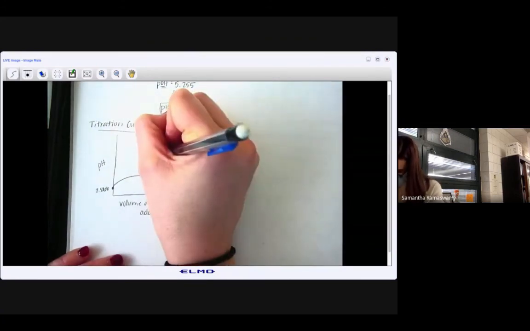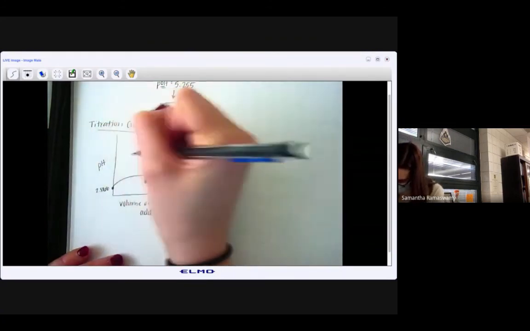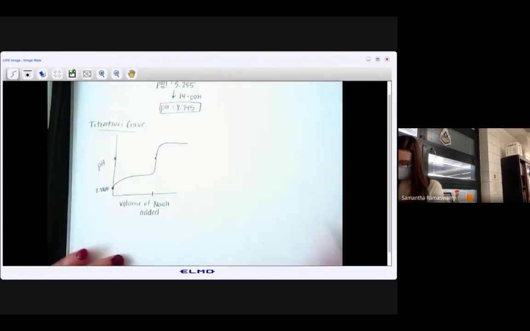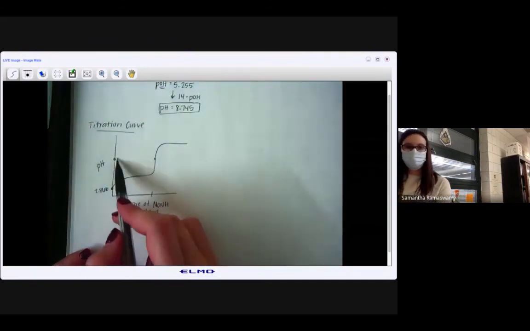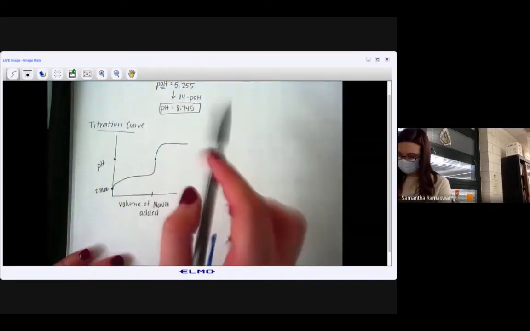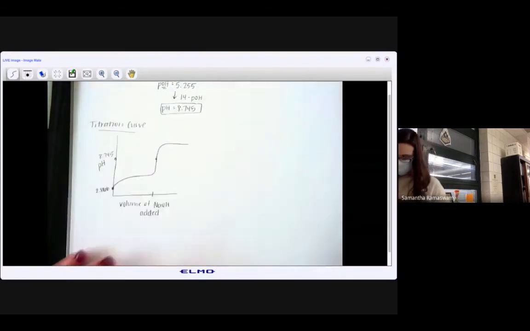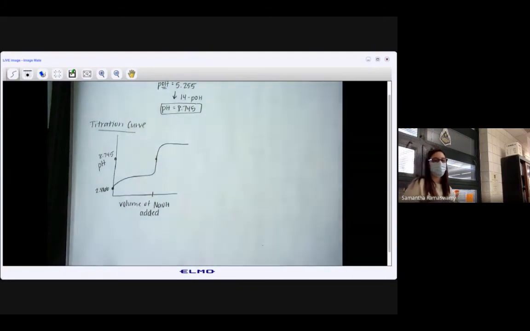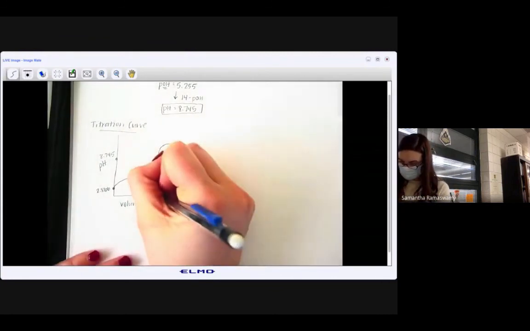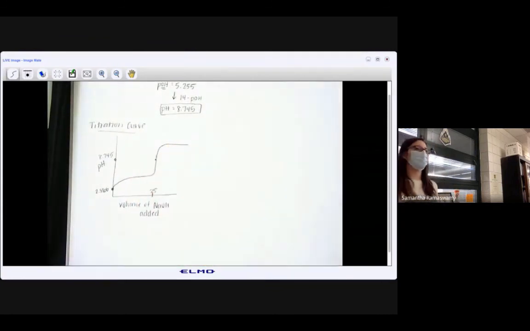The pH is about halfway up the spike. So we just calculated the pH at the equivalence point, 8.745. The problem told us the volume of NaOH that was added. The problem told us it took 25 milliliters of NaOH to get there.